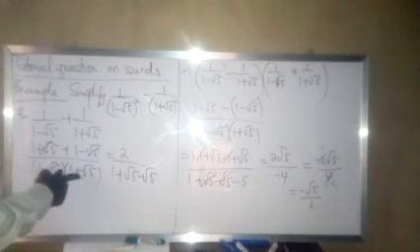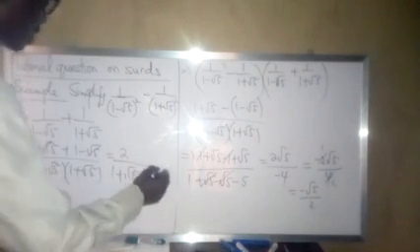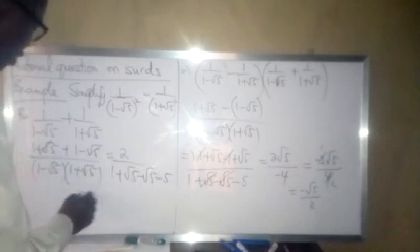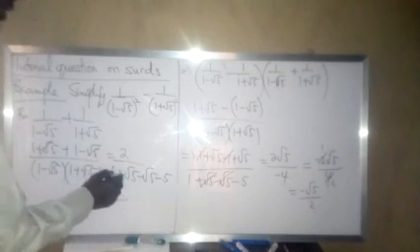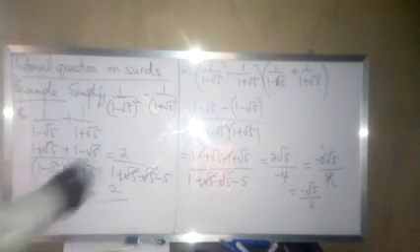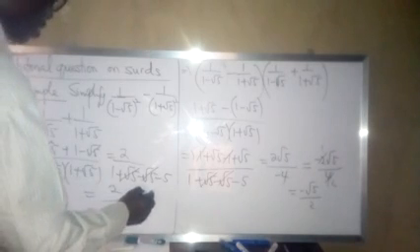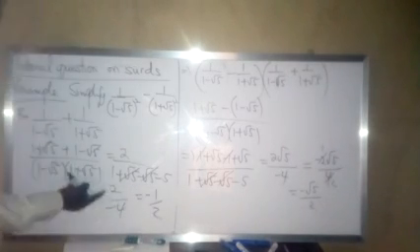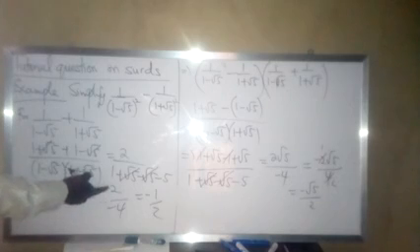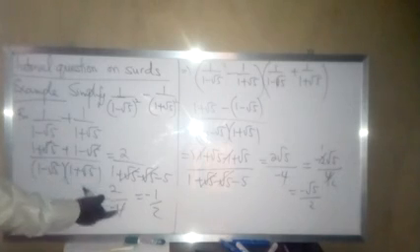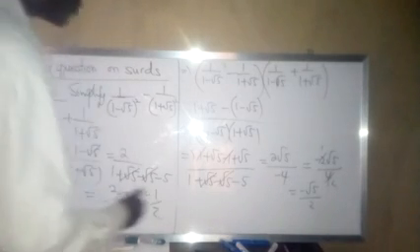Minus root 5 times plus root 5, that's minus root 25, which is minus 5. So this will be 2 all over, now plus root 5 will cancel minus root 5. So that's 1 minus 5 left, that's minus 4. So that will be minus 1 all over 2, because we multiply both by minus 1. This minus will go here, minus times plus is minus. 2 here 1, 2 here 4, 2 in 4, 2.